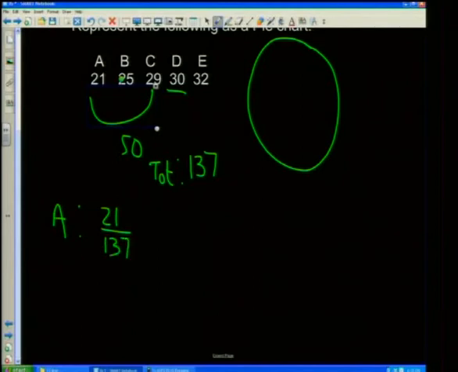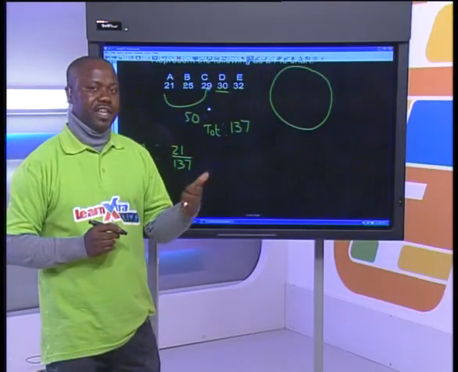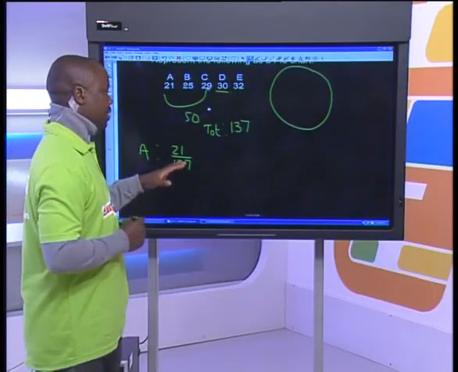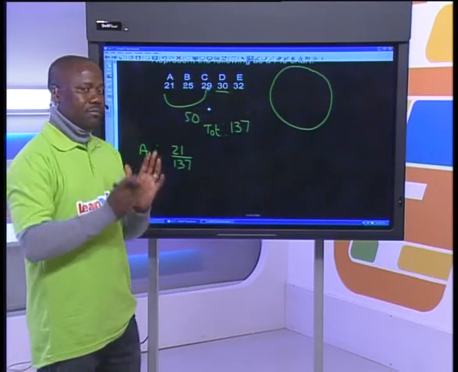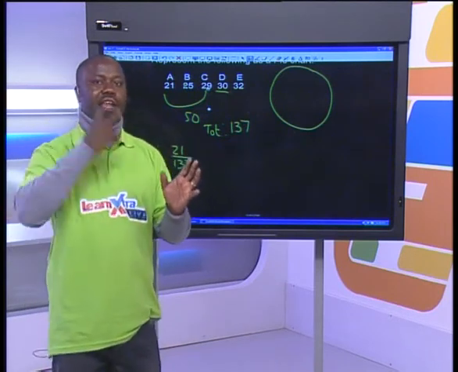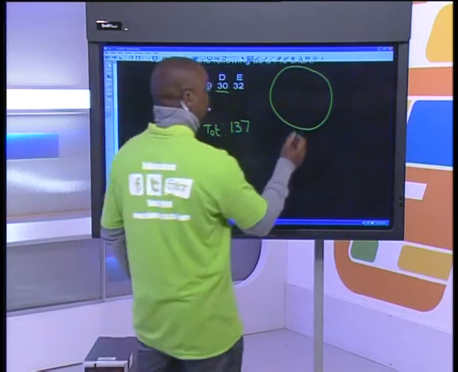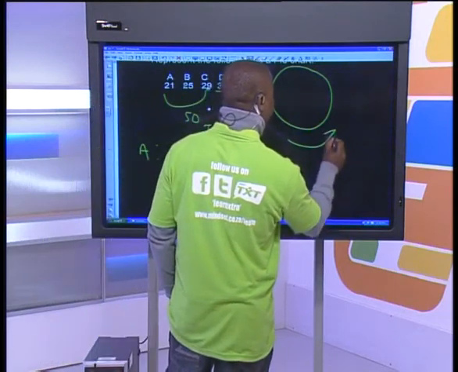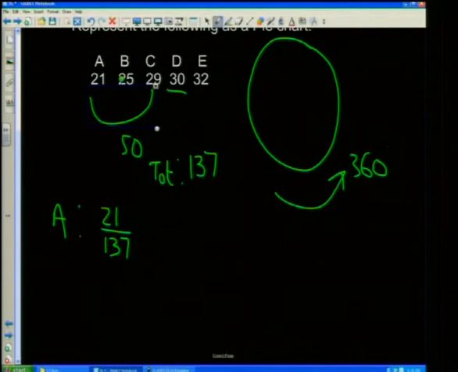All right? And that comes out. Now, this is now a fraction of the pie, but you have to work it out in degrees. Okay? Now, which means this fraction must be a fraction of your 360 degrees. Now, let's not forget, if you go all the way around, this is going to describe a revolution.